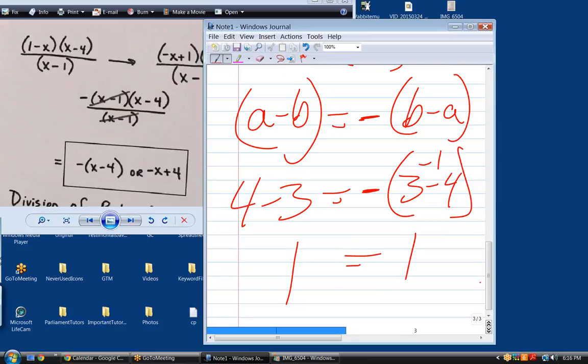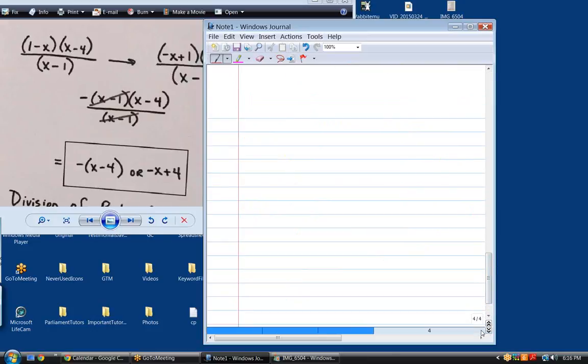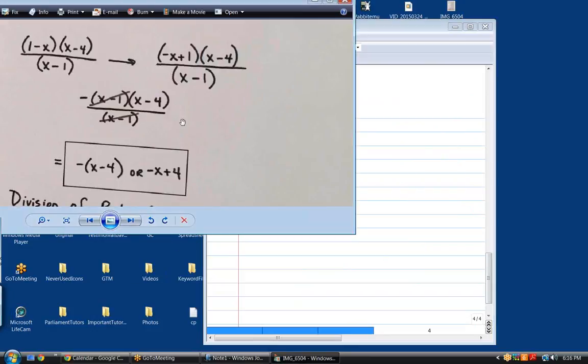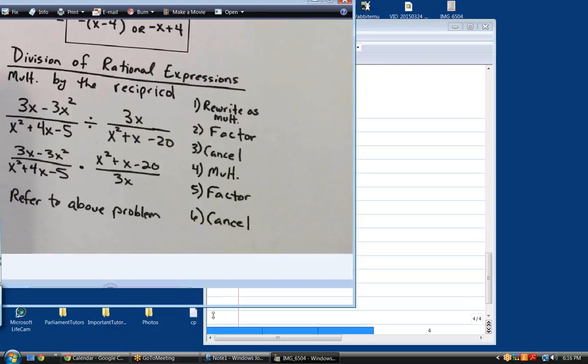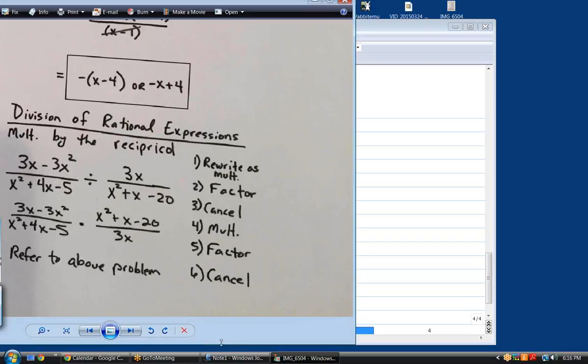All right. And finally, they show you that it's minus x minus 4, which is the same thing as if you distribute that negative sign, you get minus x plus 4, which is the same thing as 4 minus x. God. Okay. They screwed up on so many levels here.